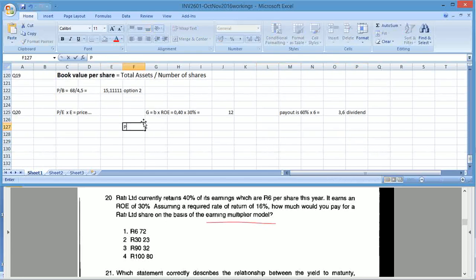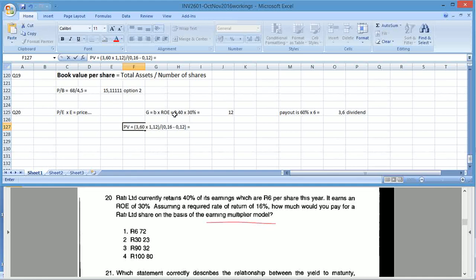Okay, so in order to work out the price, PV equals div1. This is currently retains. So currently means now. So you're going to have to compound this for one period in terms of growth. 1 plus growth of 12% divided by R minus G. The required rate of return was 16% minus the growth, which was 12%.